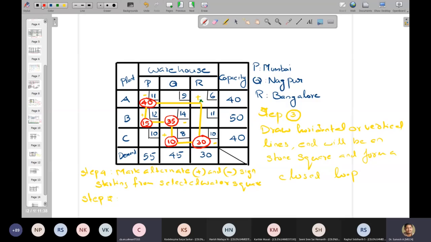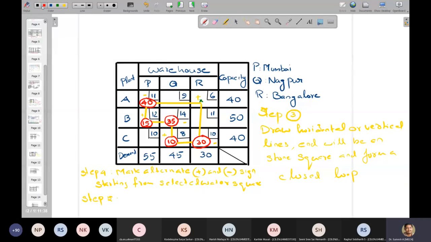Sir, what's the sign for AQ? AQ, no sign. Wherever my horizontal or vertical line ends in a stone square, there only I need to put the sign.